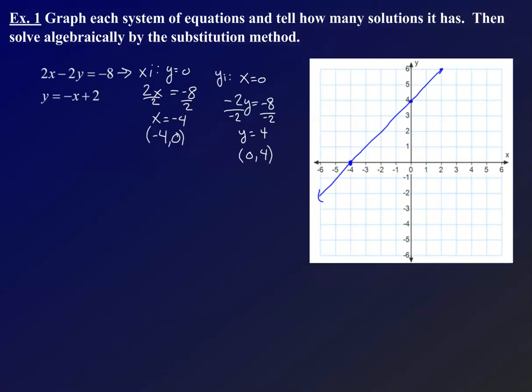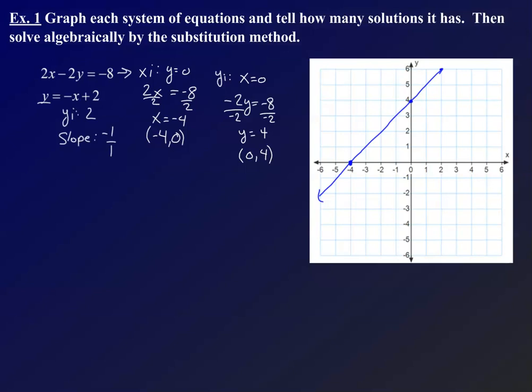For my second line, this is in slope-intercept form because y is by itself, and it equals something with x in it. So with this, I need to know my y-intercept, which is 2, and my slope, which is negative 1, and we can write it as a fraction over 1.